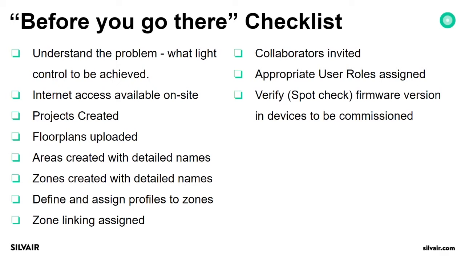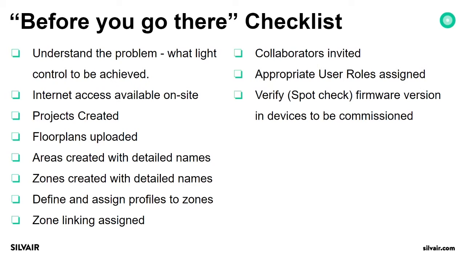Also, all collaborators should be invited before installation. Appropriate user roles should be assigned. And of course, you should have a list of all the devices and what kind of firmware version is on the devices.